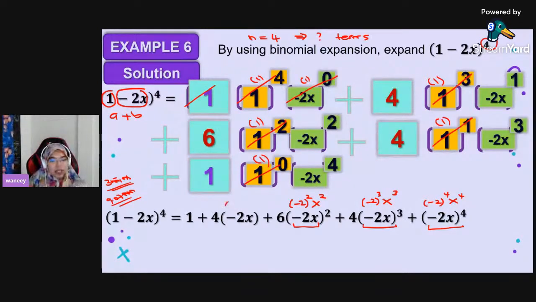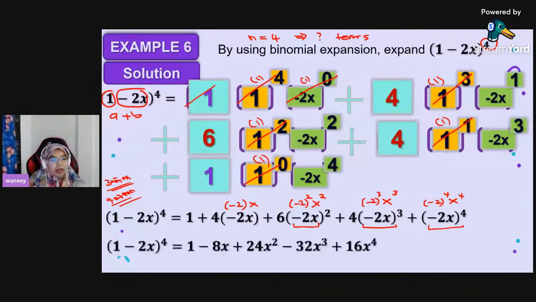Then the number times the number. So multiplying everything together, you are going to get 1 minus 8x plus 24x squared minus 32x cubed plus 16x to the power of 4. So that is by using the Pascal triangle.